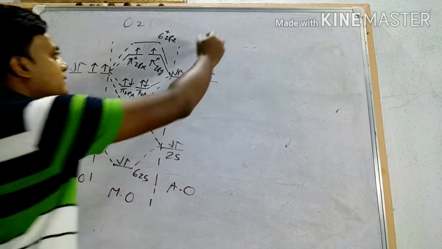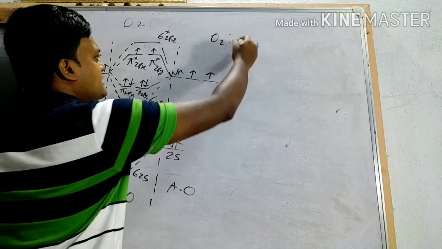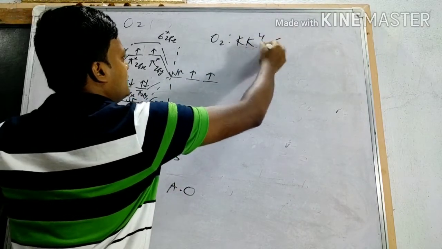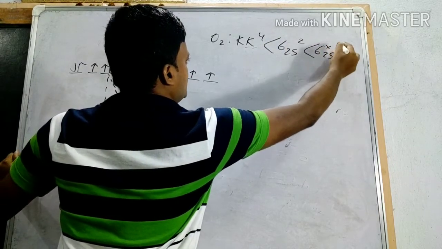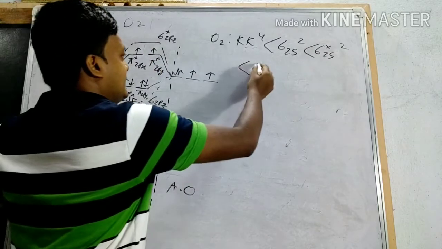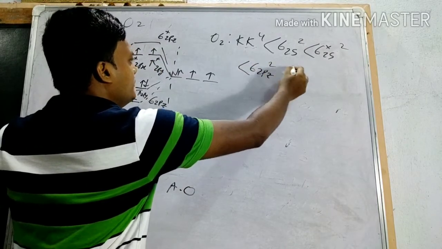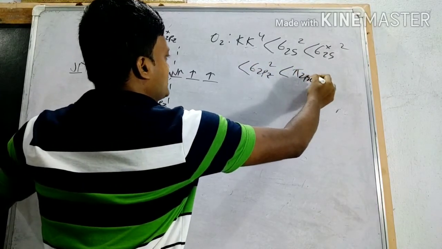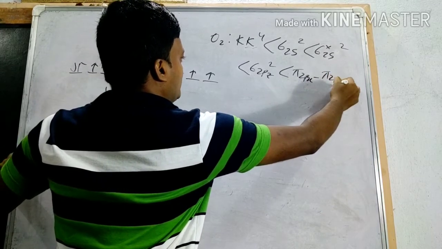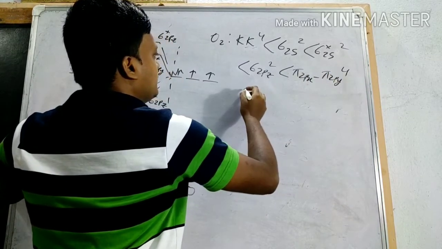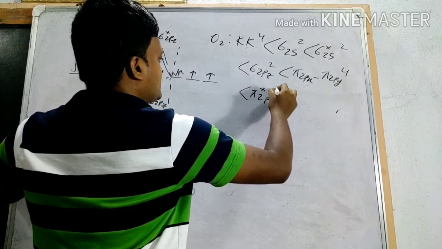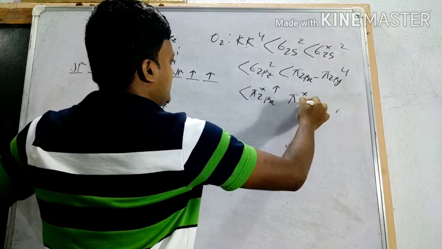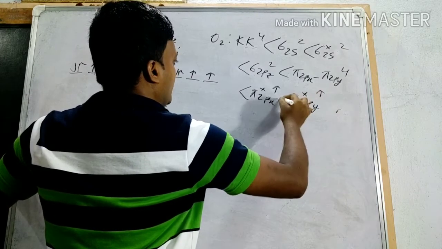So what is the MO electronic configuration of oxygen? KK4, sigma 2s2, sigma star 2s2, then sigma 2pz2, pi 2px, pi 2py 4, then pi star 2px 1, pi star 2py 1.